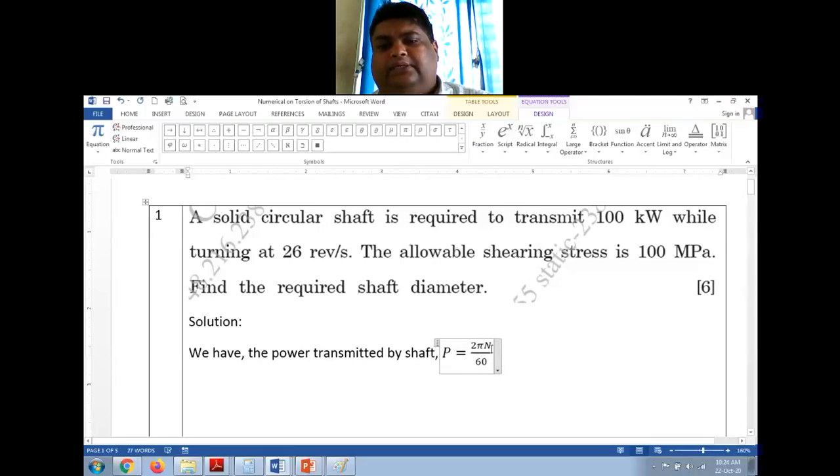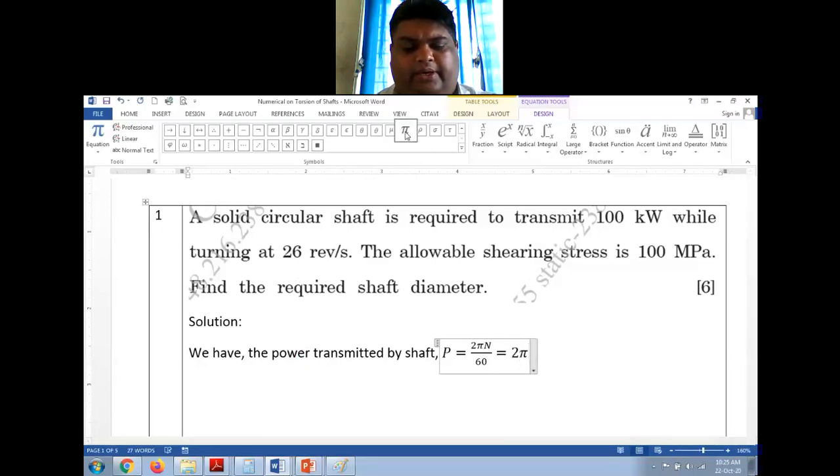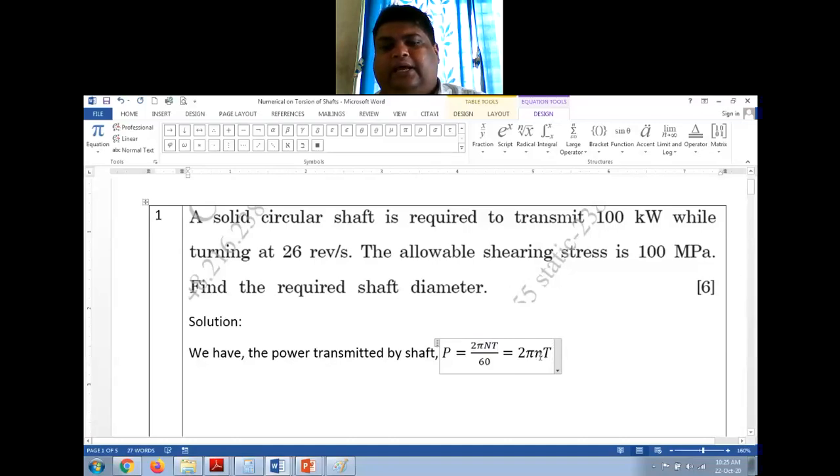Now in this N is in rpm, but here N is given as revolution per second, so this is equal to 2 pi N T, where N is in rps, revolution per second.